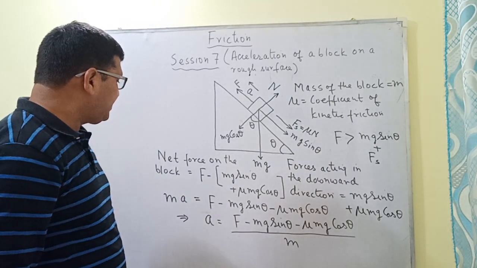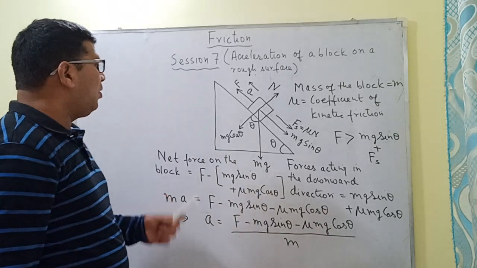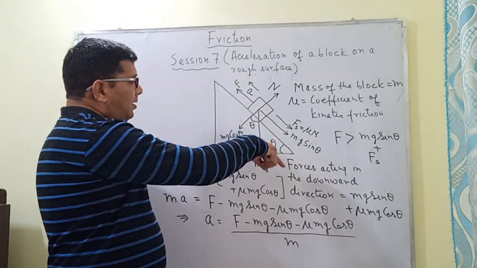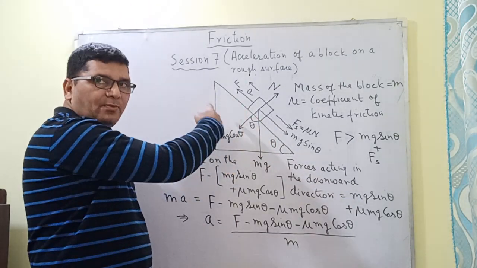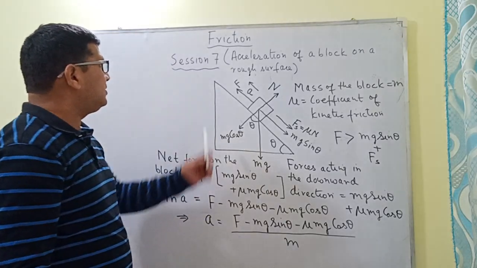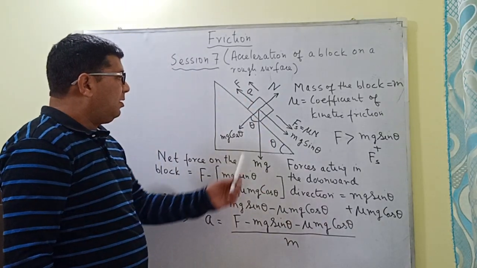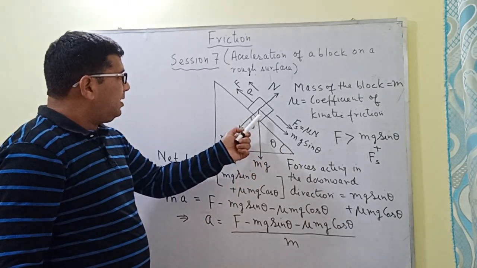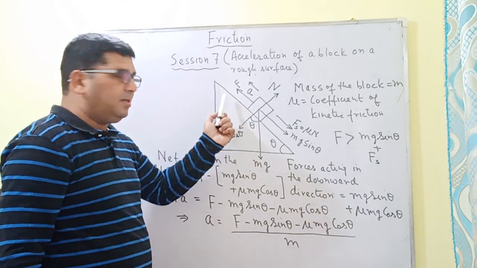So in the next session I will be taking up another case in which the block will be moving downward, and in this case the block is moving upward. So in the next session, that is session number 8, I will be taking another case in which the block moves downward even if the force is applied in the upward direction.